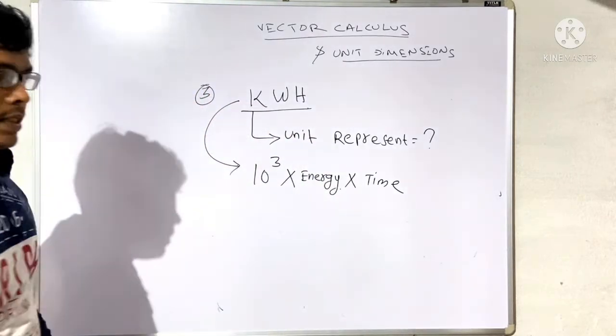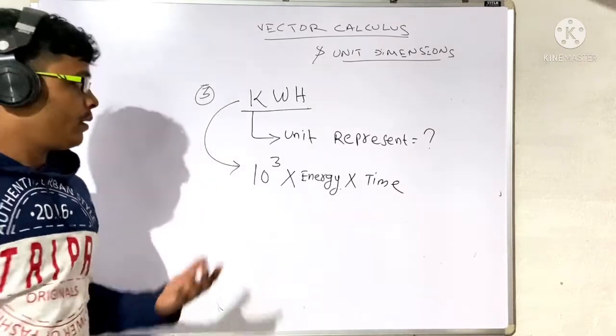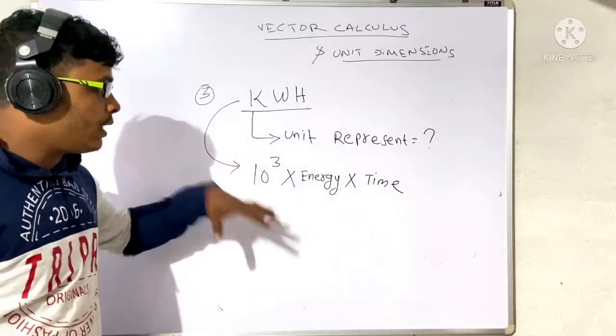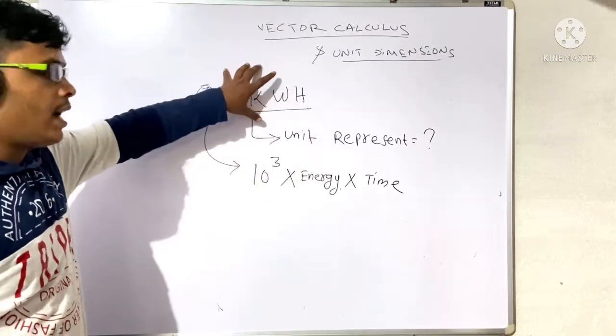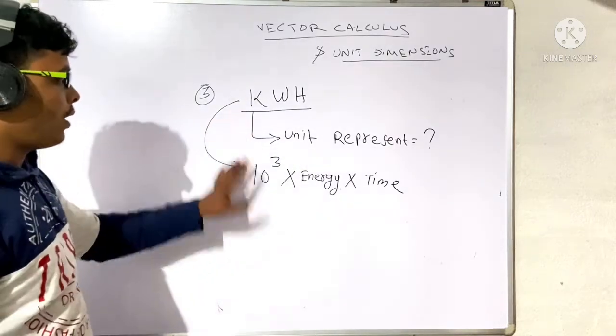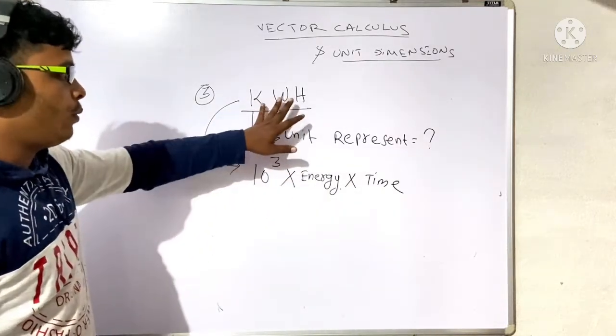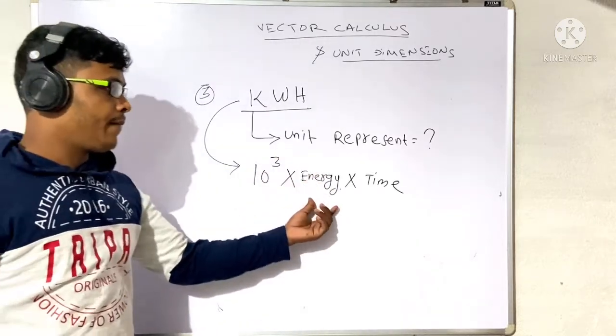Actually, the question is asking what kilowatt hour represents, which physical quantity has this unit. So how will we find it? Kilo equals 10 to the power 3, and watt is the unit of energy.